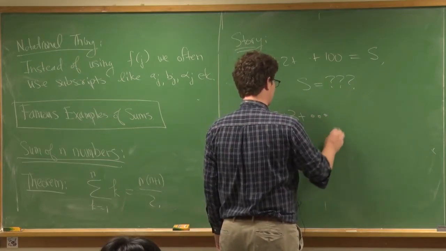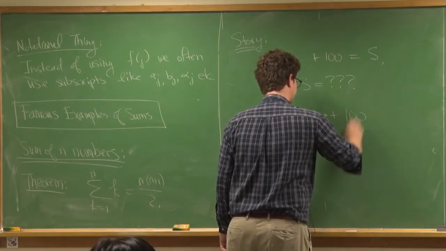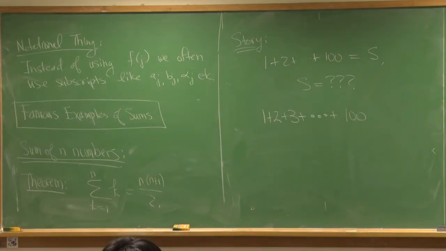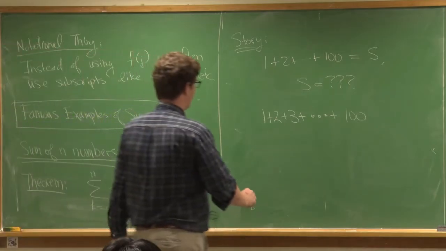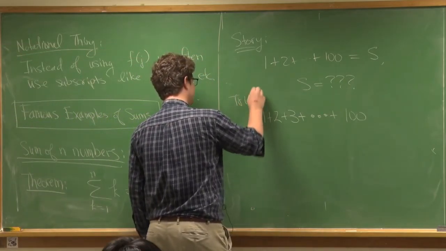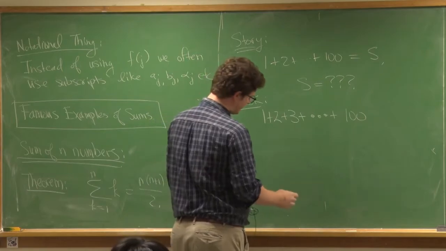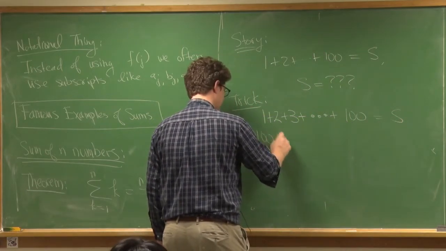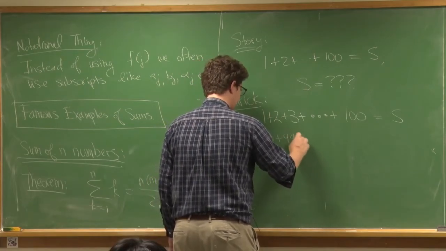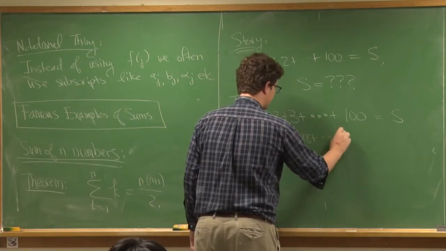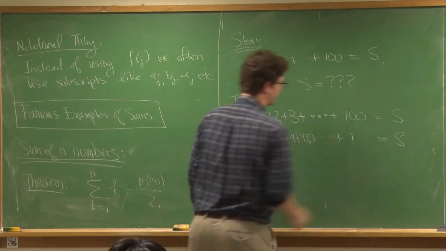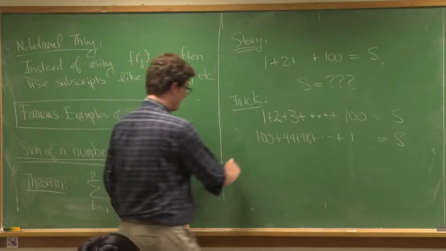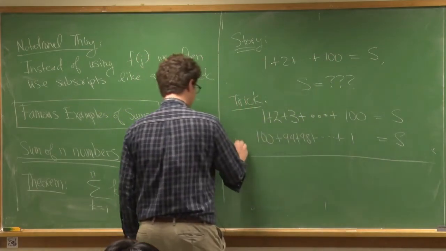So what Gauss did was he took these numbers and realized that there's a trick here. If you take these numbers and rearrange them, 99 plus 98 plus dot dot dot plus 1, this is also equal to S. And so you can add these two things together.